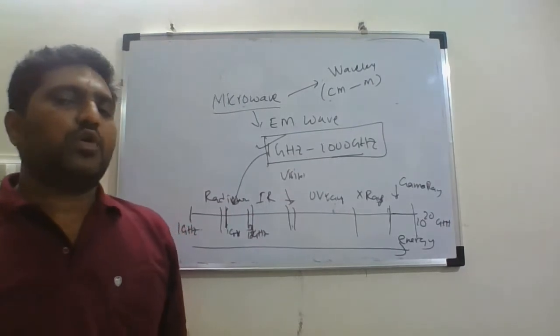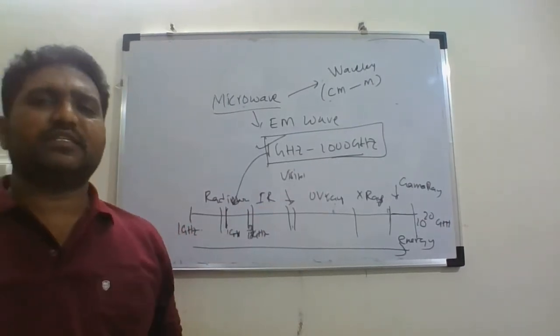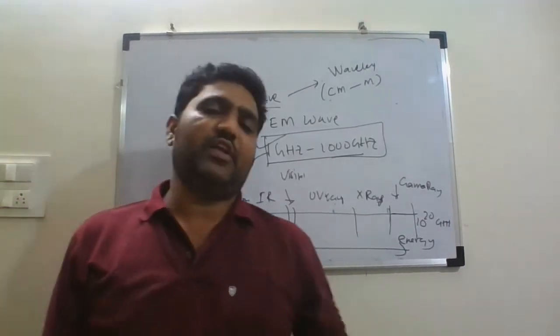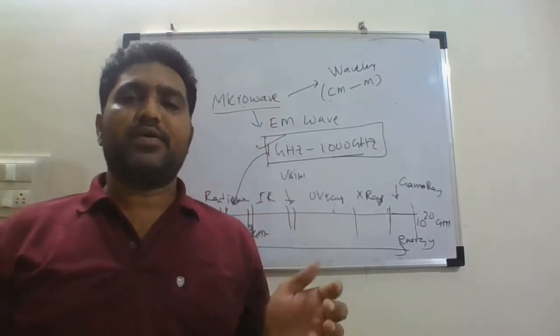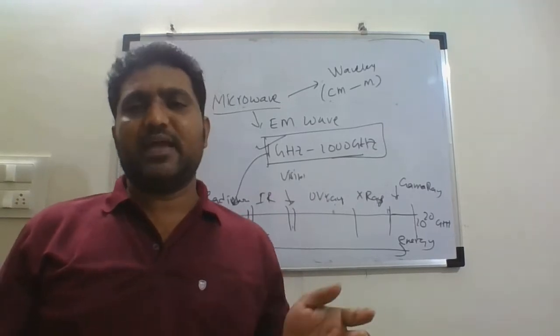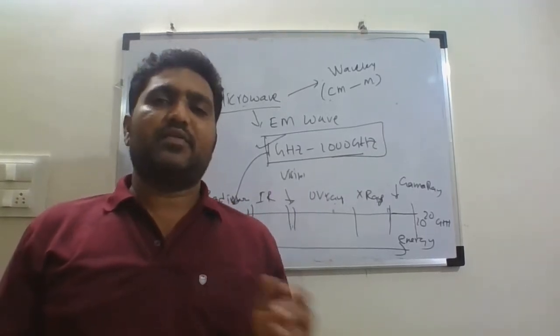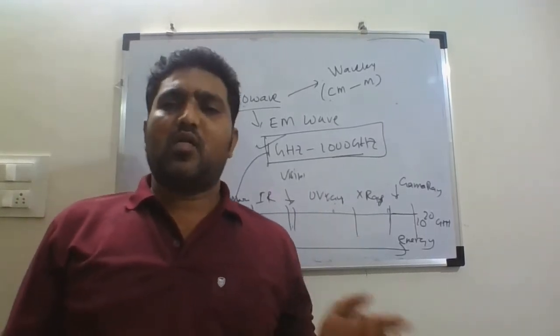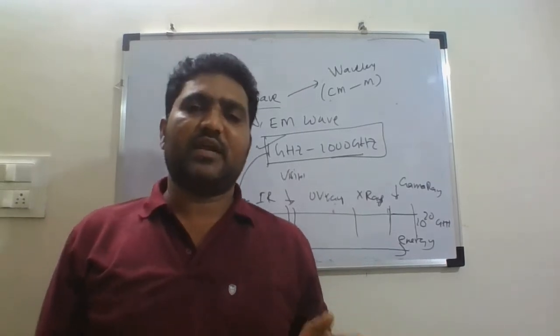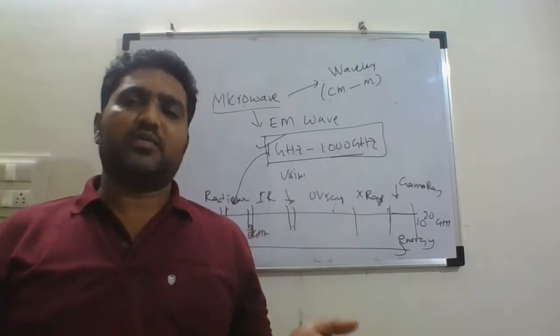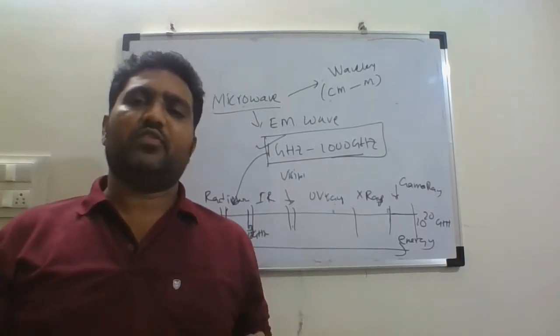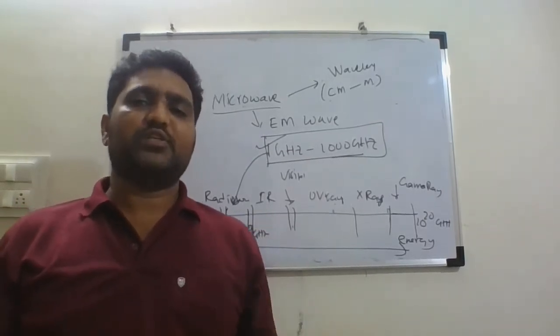These microwaves find exhaustive applications in various fields. For example, radar communications, satellites, missiles, satellite telephony, all our communication satellites, medical imaging, treatment of cancer, etc. There are a huge number of applications for microwaves.